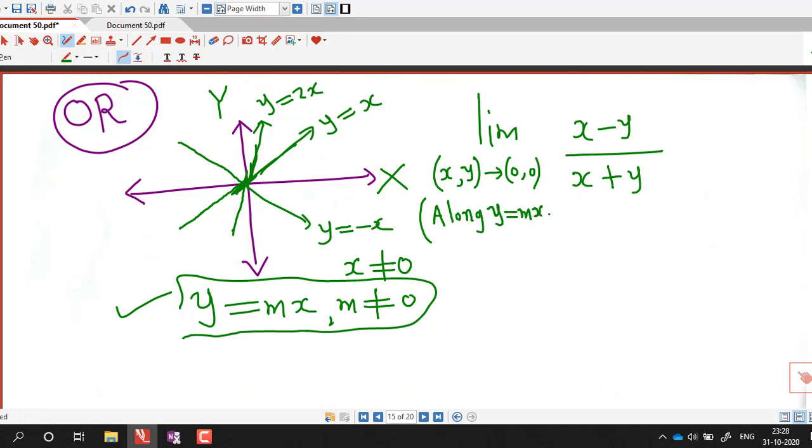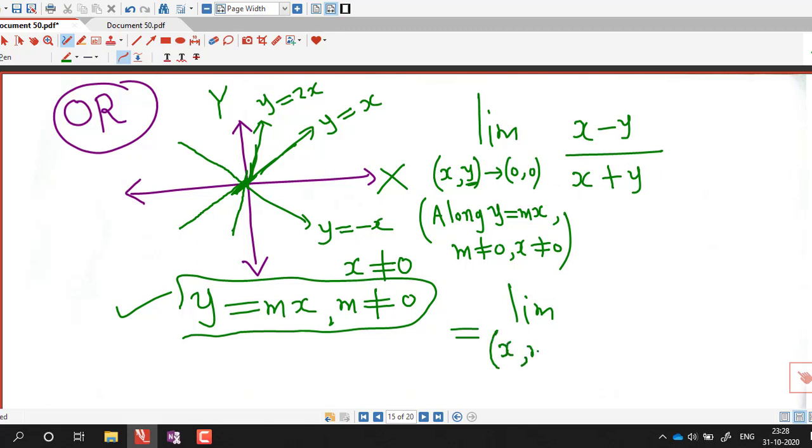So we will put y equal to m into x. M is non-zero, x is non-zero, and we see what happens. So we put y equal to mx, so we will have x comma mx tending to 0 0.